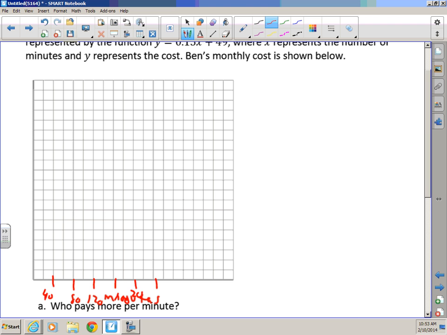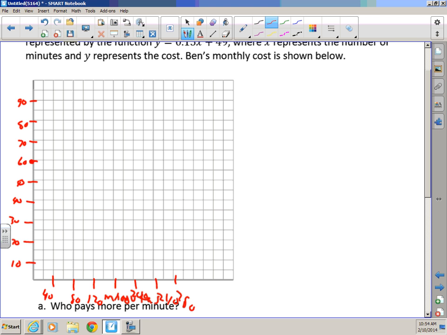And this is all on your paper. 240, 280. Sorry, it's a little messy. I'll stop there. And then I'm going to count by 10s. So 10, 20, 30, 40, 50, 60, 70, 80, and 90.